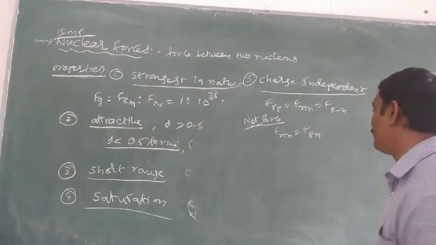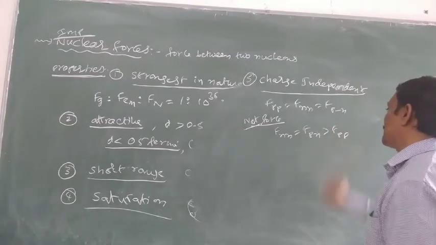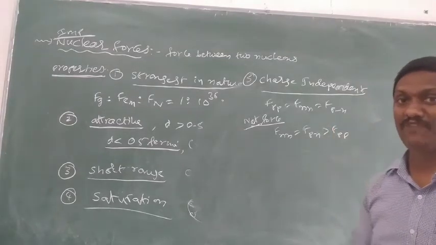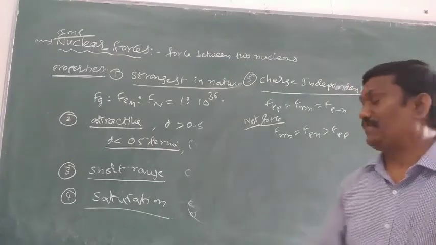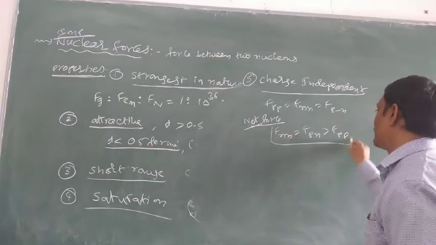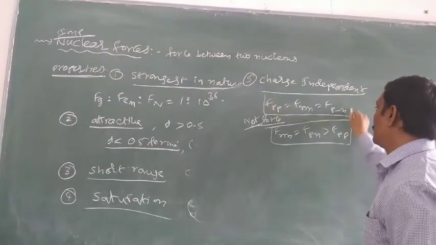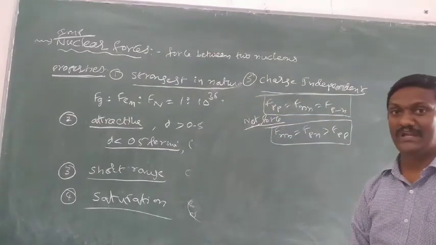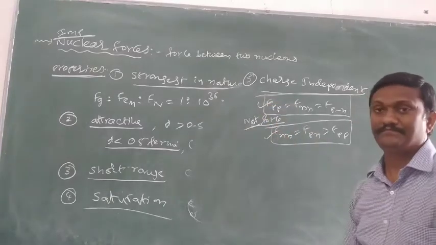In case of net force, the force between two protons is less, because between one proton and another proton repulsion force is there. A repulsion force means it reduces. So that is the relation for net forces between two nucleons, and the other is the relation for nuclear forces between two nucleons. Both formulas are very important.